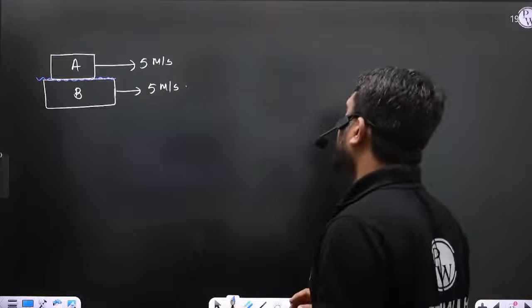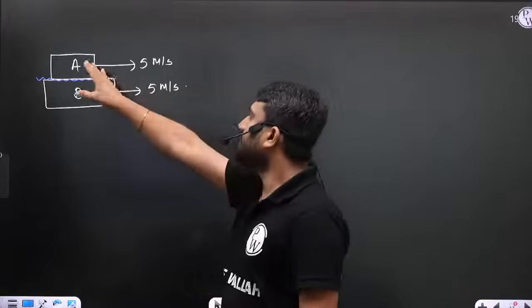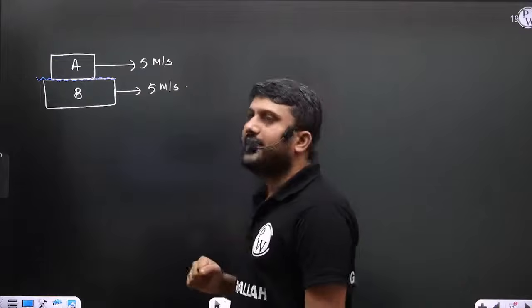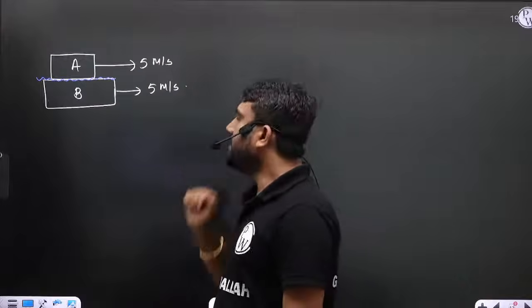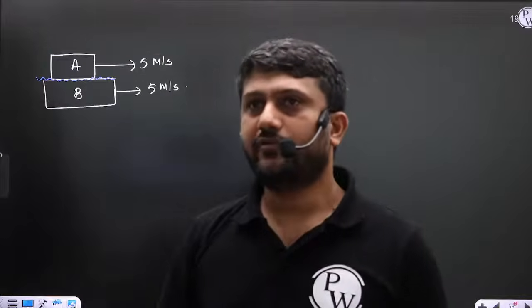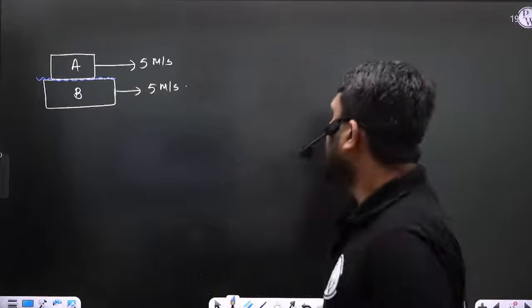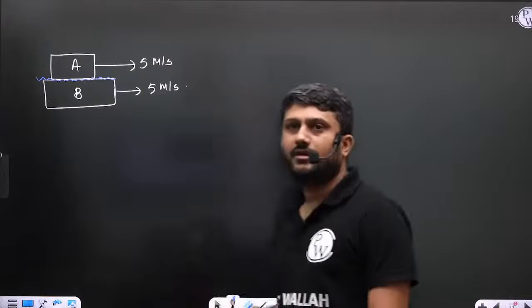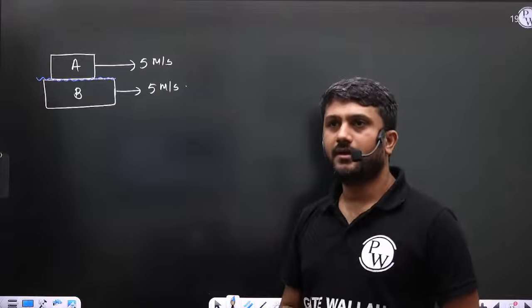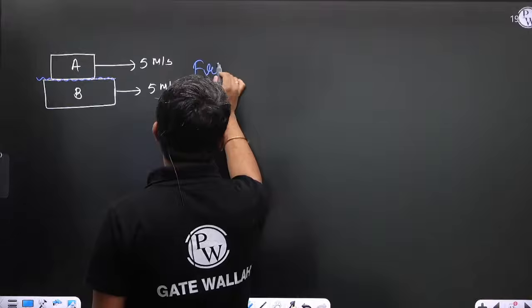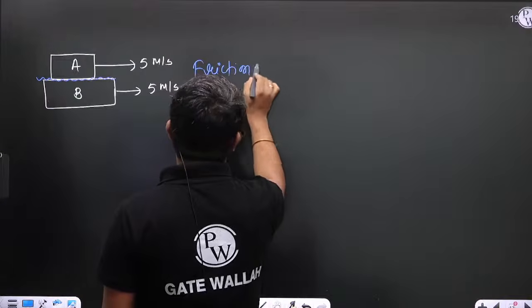If I ask you a very simple question, let us consider two blocks, A and B. Block A is moving with 5 meter per second and block B is moving with 5 meter per second. What is the friction at the interface? There is no friction.